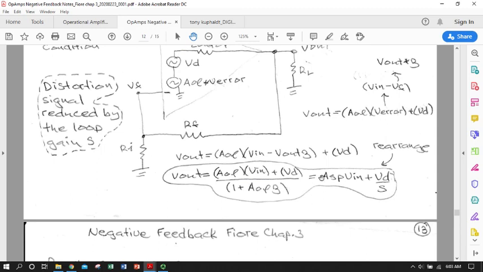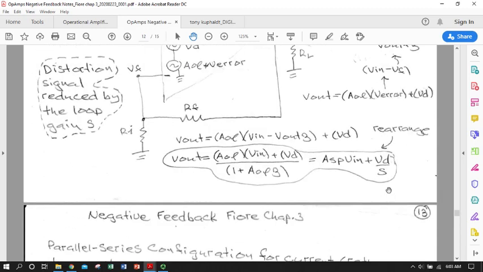So we can say that V out is equal to A_SP times V in plus V distortion over S. So we definitely got a reduction in our distortion signal. Now we can't directly equate V in and V out because we have the second term here, but we can show that we've reduced the distortion inherent in the output signal of the op amp by the sacrifice factor.